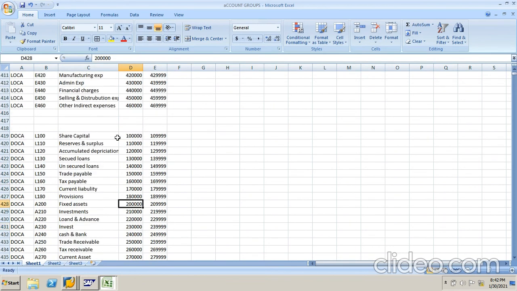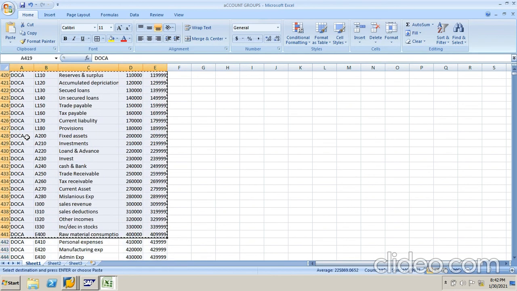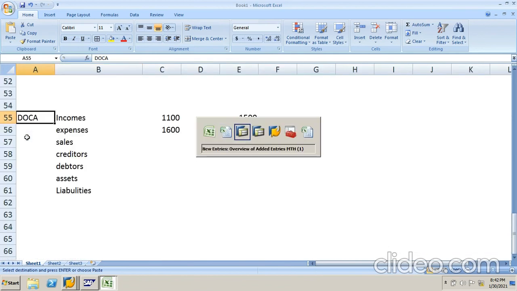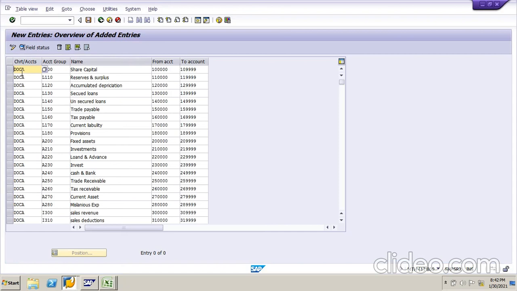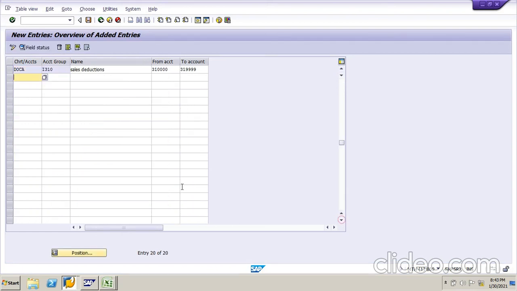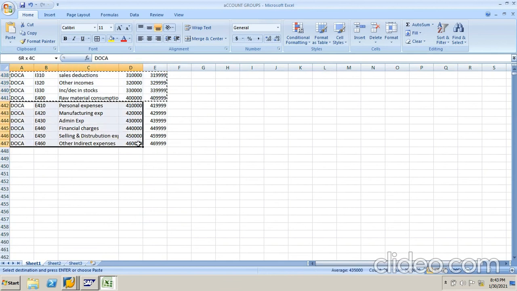So I'm doing the copy paste. So just paste it here. So it's pasted under sales deductions. Up to here done.